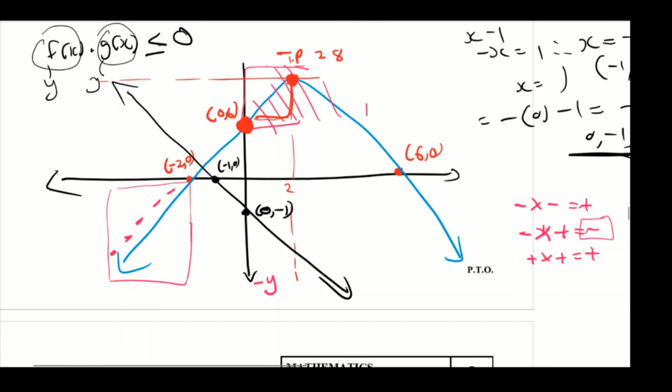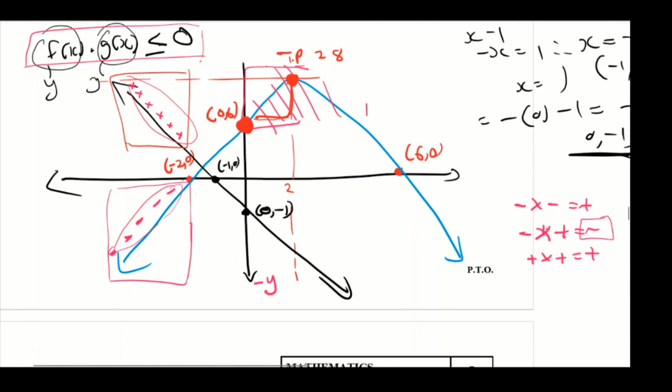So here it's negative. If you want to multiply this negative y value with the y value of g of x at this part, where the y values are positive, then multiplying this positive with this negative gives you a negative solution, which is what you are looking for. That's why they gave us this.